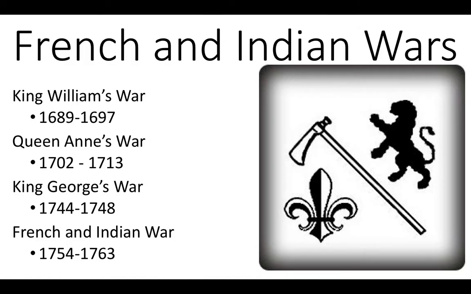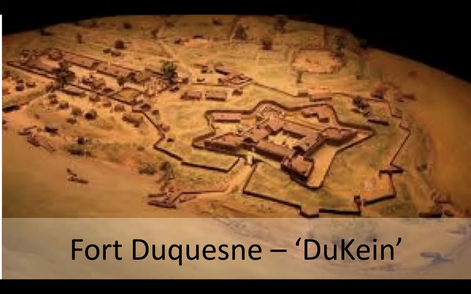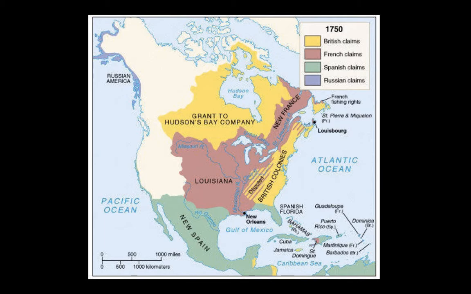Those we talked about there. Fort Duquesne. Who built this? The French. Why? Yep, they're trying to conquer land that was in dispute between the British and the French. So there was this big chunk here, and France said that's ours.